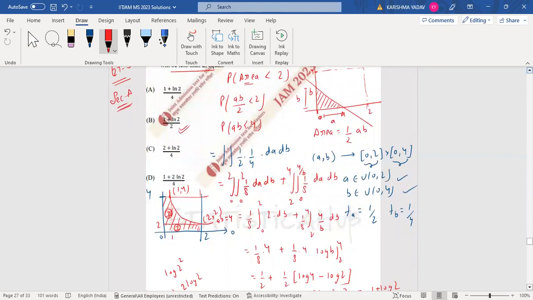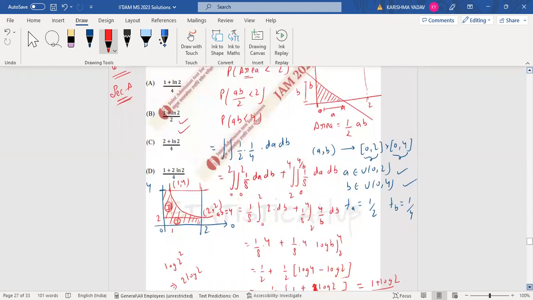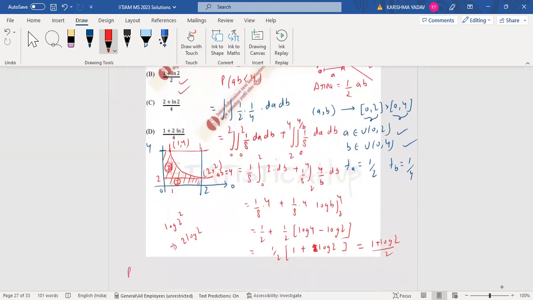Now I have found the probability using the first region and the second region. You can also find the probability of AB less than 4 as 1 minus the double integration 1 by 8 dA dB, taking out the limits of this other region.